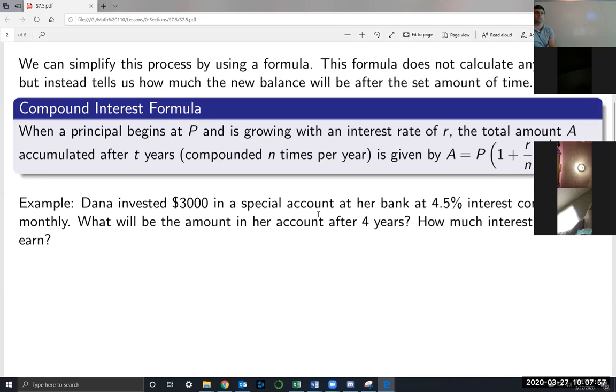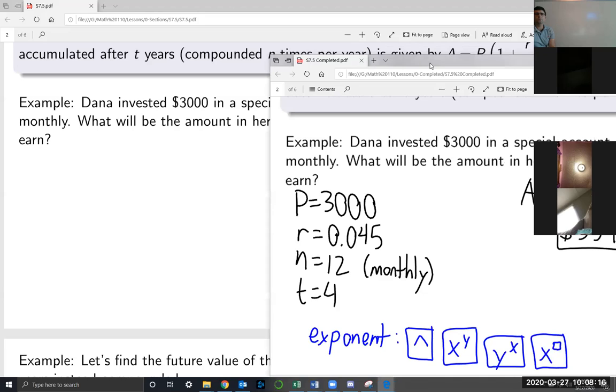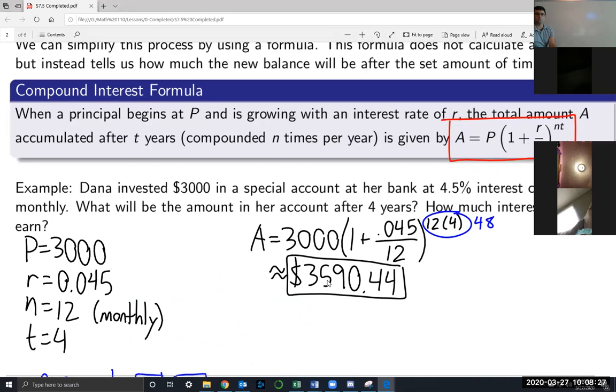So last time we did this one, and when we did all the math out, we found that Dana had gotten the total amount at the end of the 3 years was 3,590.44.